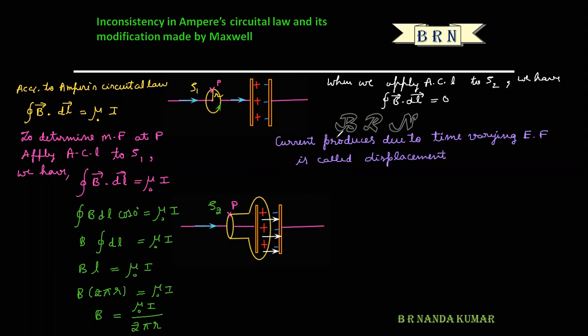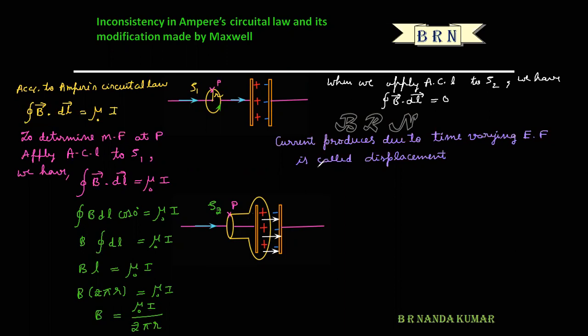Here there is a conduction current, and there is also a displacement current. Conduction current is produced due to the flow of charges. Displacement current is produced due to the time varying electric field.